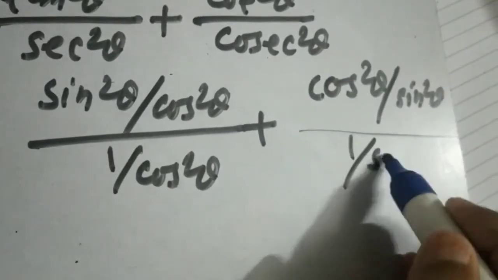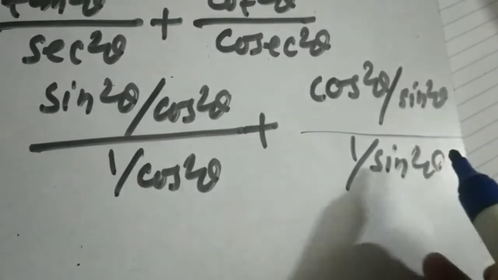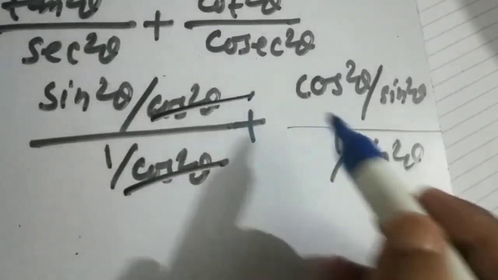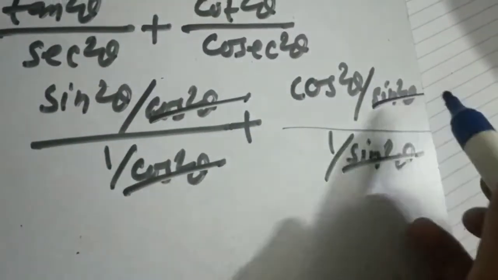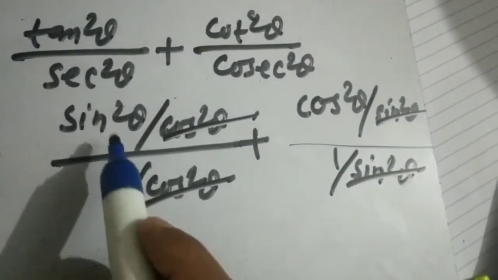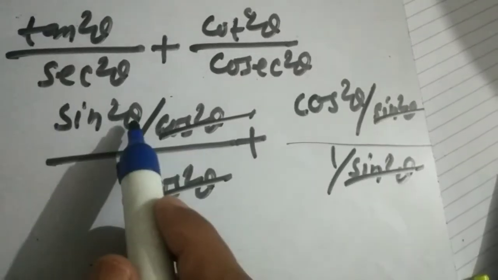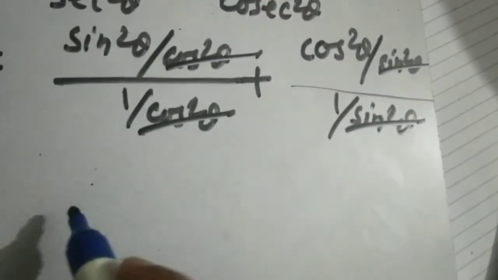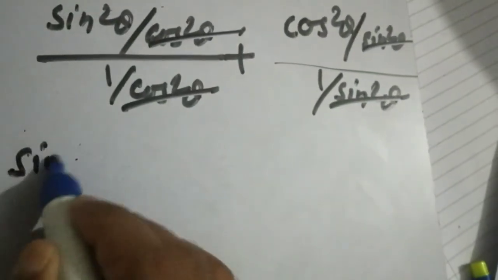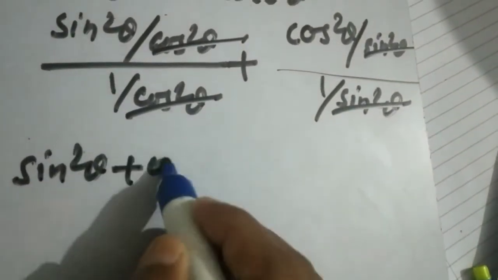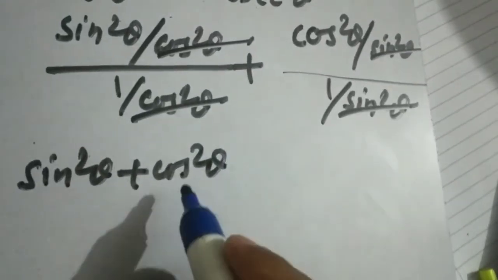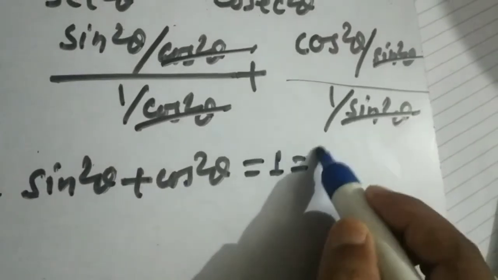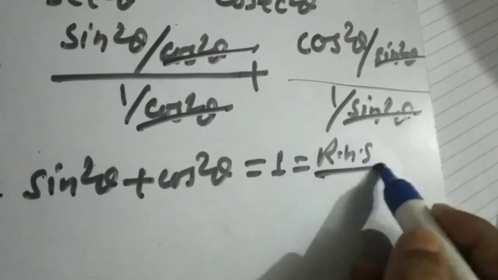So cosec square will be equal to 1 upon sin square theta. Now cos square will be cancelled, sin square will be cancelled. Then here sin square by 1, that is sin square theta will be left, and cos square theta by 1, that is cos square theta will be left. So it will be equal to sin square theta plus cos square theta, and sin square theta plus cos square theta is equal to 1, which is equal to RHS. Proved.